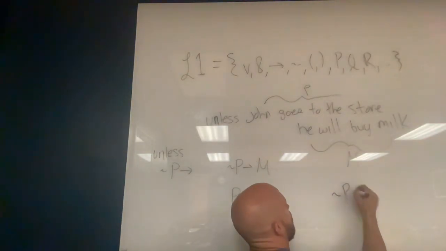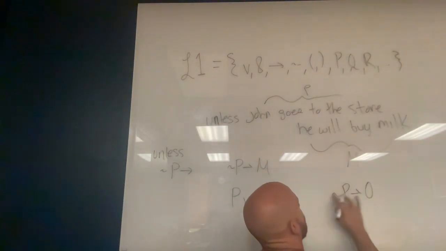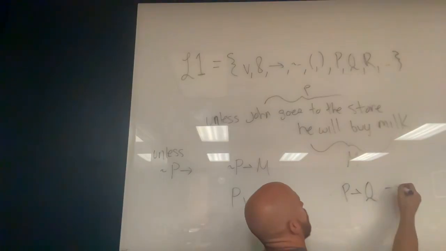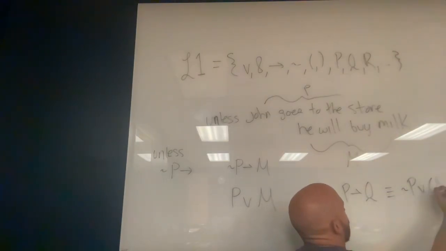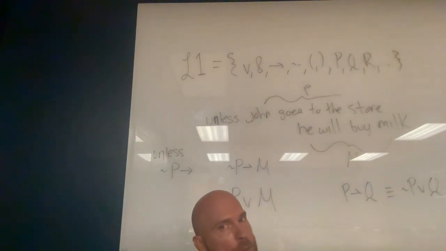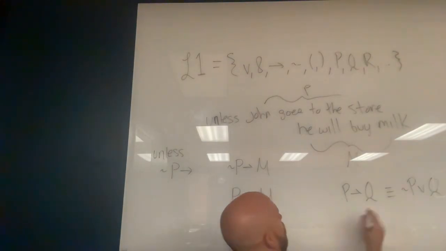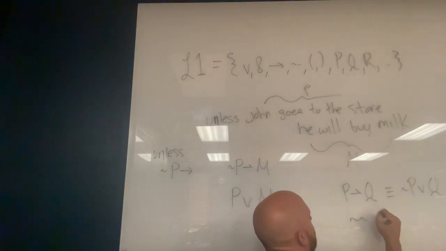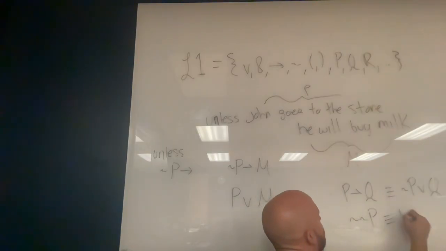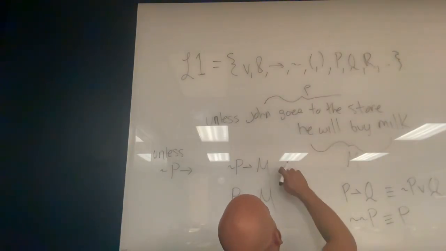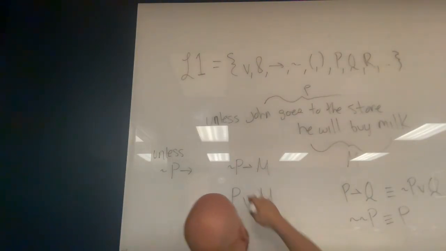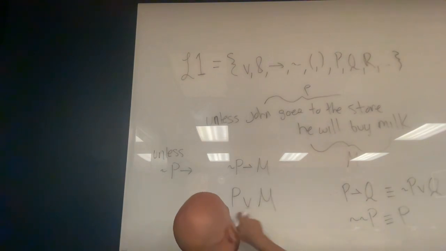Generally, if not P then Q is logically equivalent to P or Q. You also know that whenever we have not on something, it's equivalent to that thing itself. So if you put all this together, you'll see that these two are equivalent: if not P then M, and P or M.